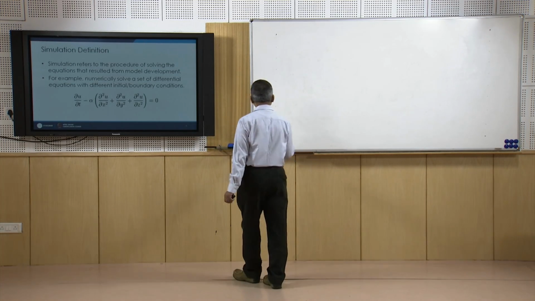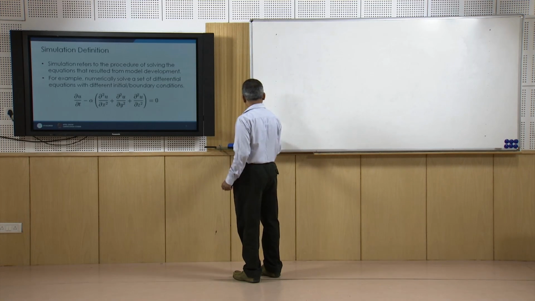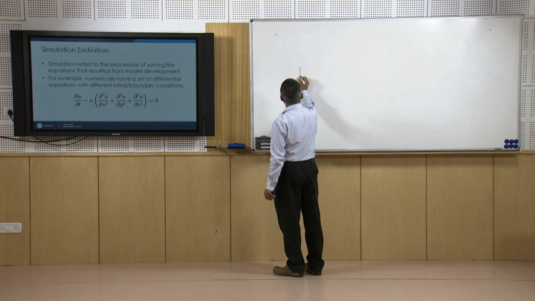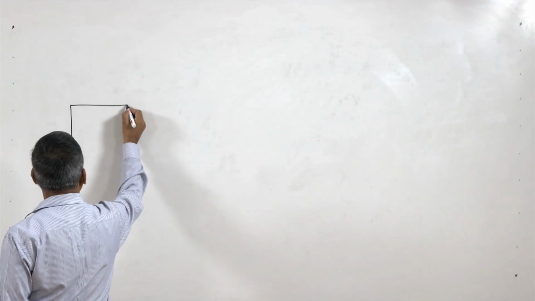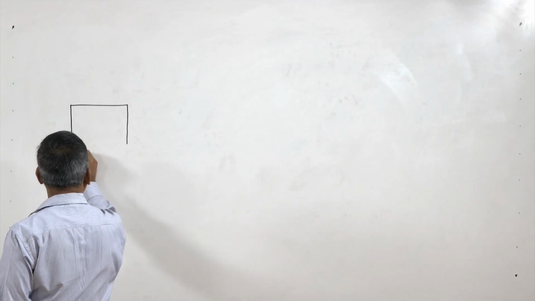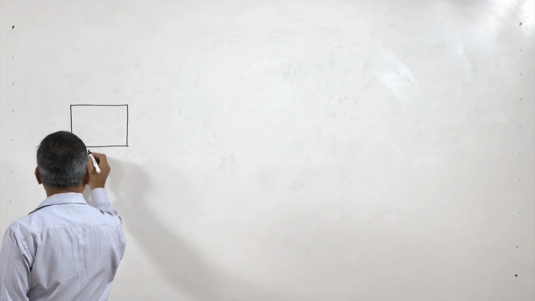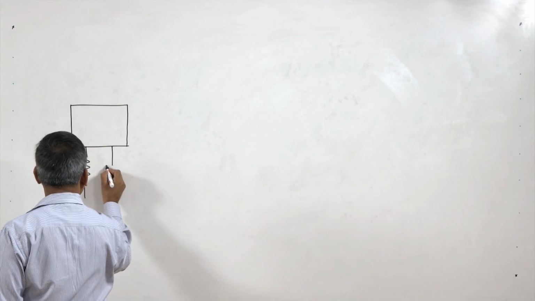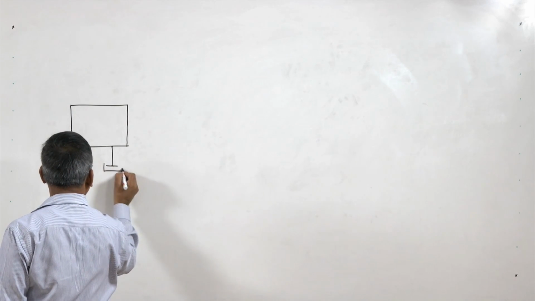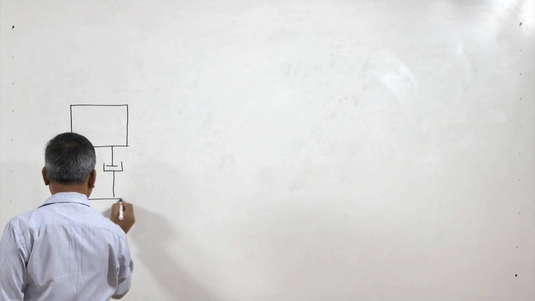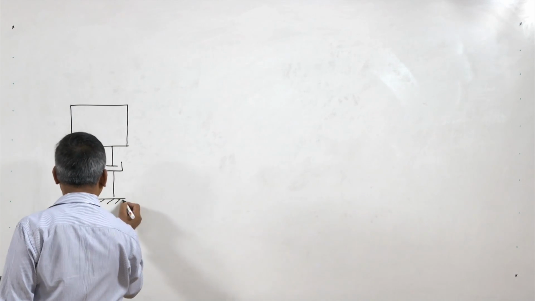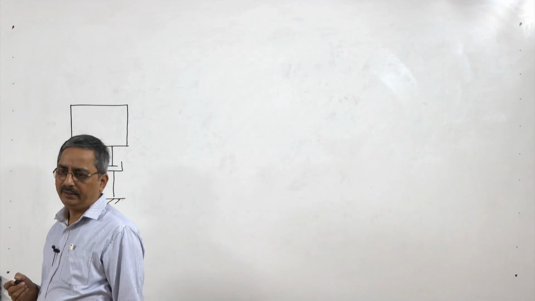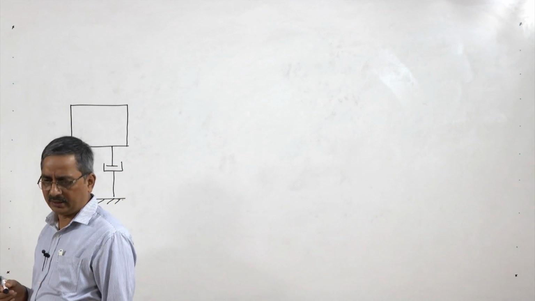Before I move further, we will be talking a lot in this lecture by taking a simple example of a spring mass damper system, which represents many physical systems.